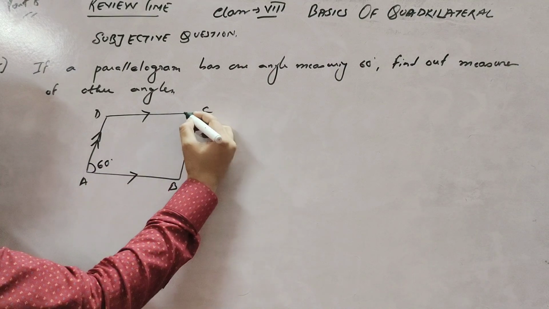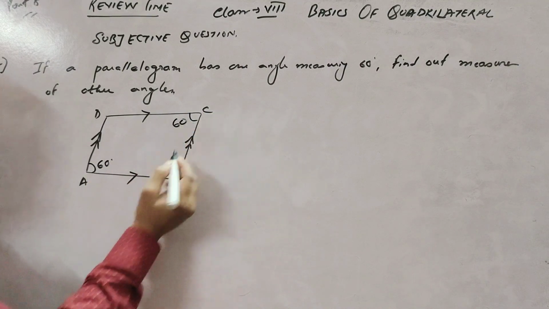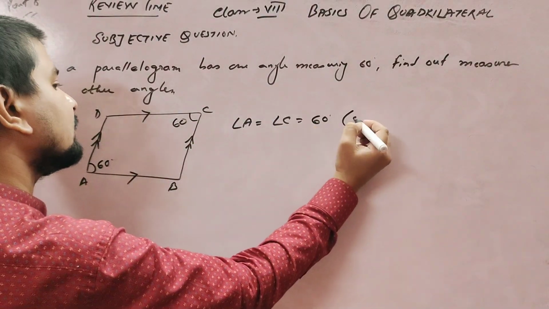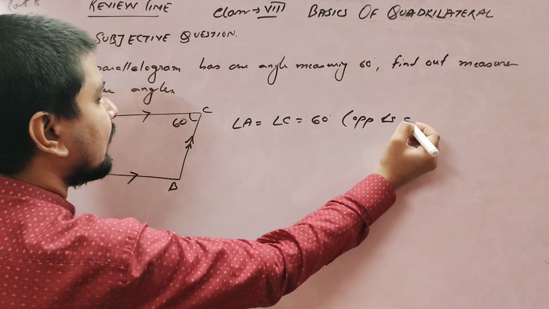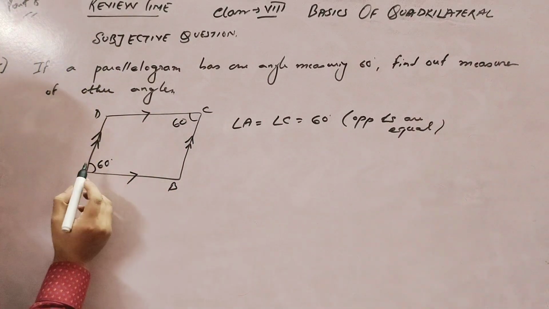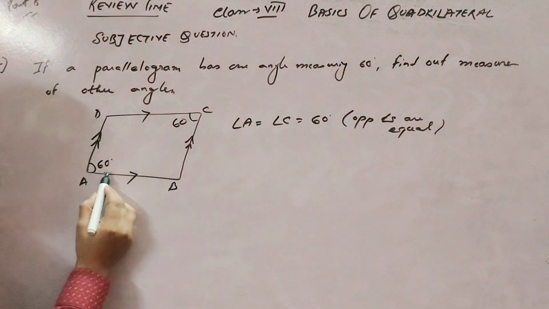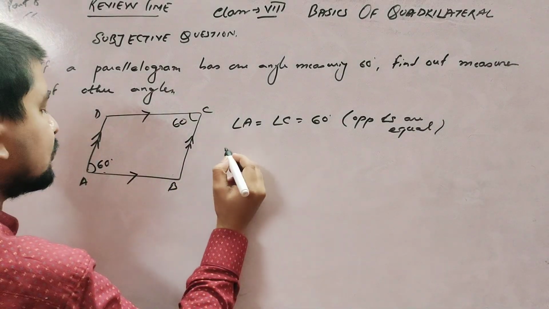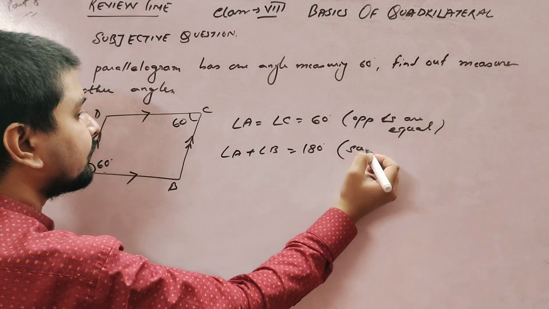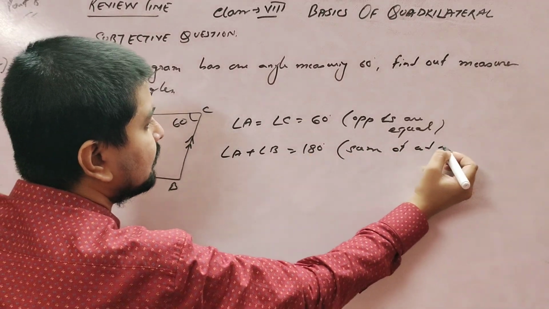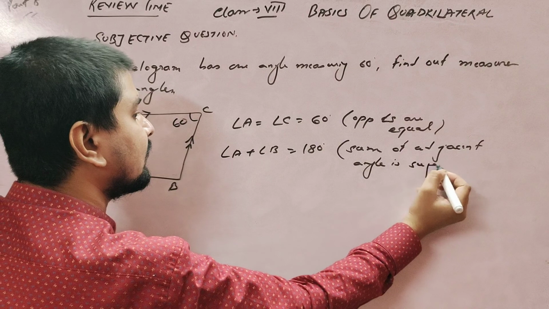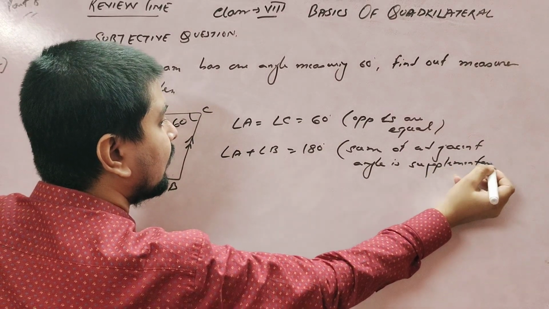First of all, angle A equals angle C, because we know that opposite angles are equal. In a parallelogram we learn the features. Now we know that the sum of adjacent angles is 180 degrees, so angle A plus angle B equals 180 degrees. The sum of adjacent angles is supplementary.